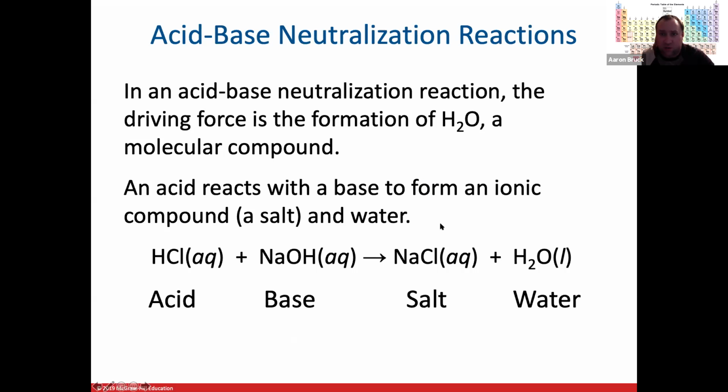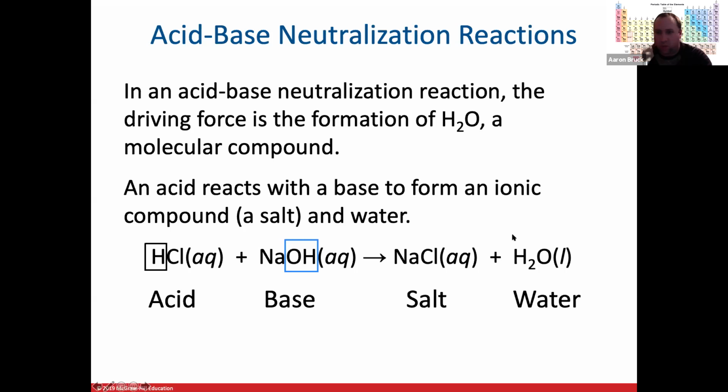In neutralization reactions, what we see in those cases is a true acid, and we can identify a true acid based upon its compound starting with H, and a true base, a compound that ends in OH, coming together to make water.